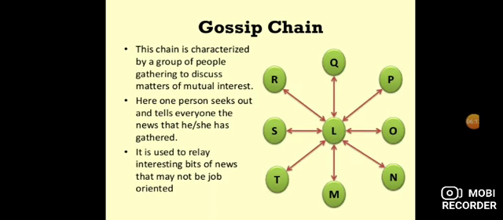Then the gossip chain. In a gossip chain, it is quite obvious from this image that L is the person at the center, and Q, P, O, N, M, T, S, R are the other people surrounding L. This chain is characterized by a group of people gathering to discuss matters of mutual interest.